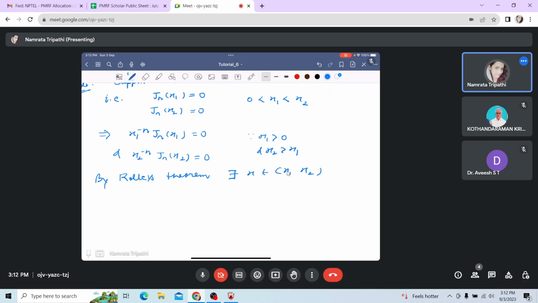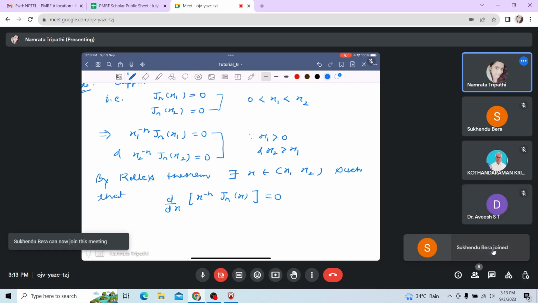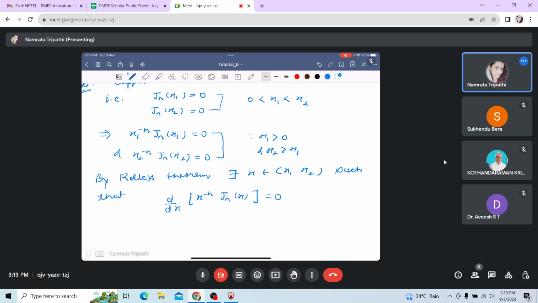If these things will happen, then there exists a root x between x1 and x2 such that the derivative of the function is 0.